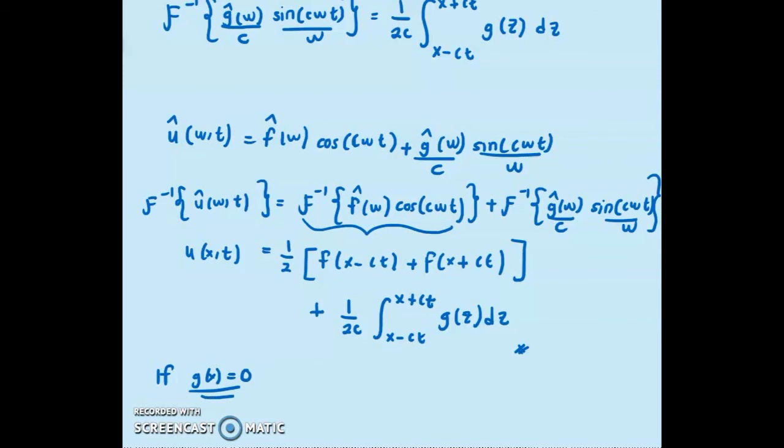So you will have an equation involving half of the function of x minus ct and x plus ct. This is also called the traveling wave, involving the positive and negative functions here.